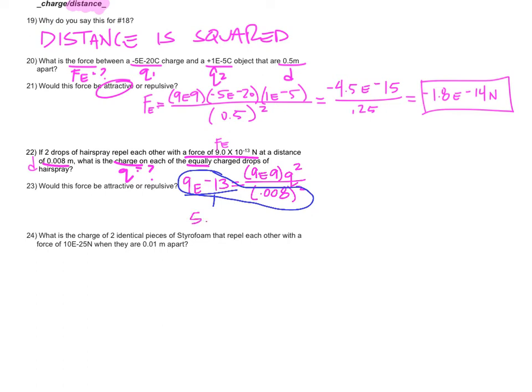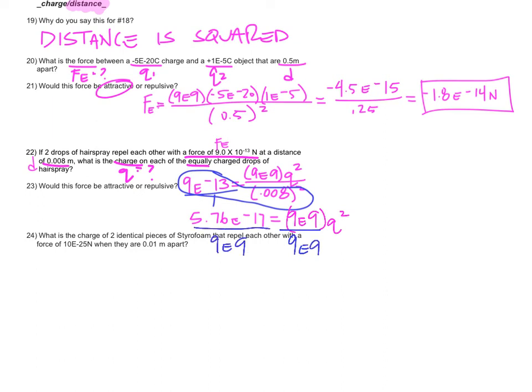So 5.76e negative 17 equals, and 1 times 9e9 q squared is just 9e9 q squared. It does not change. So 9e9 times q squared. So I want to get q by itself, but it's being multiplied by 9e9. My next step is to divide both sides by 9e9.